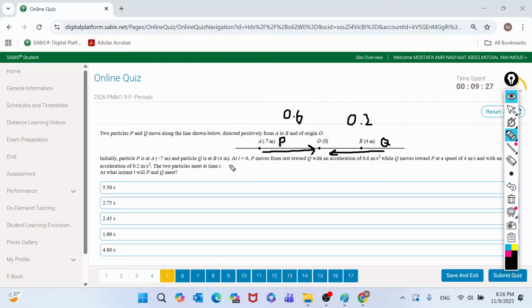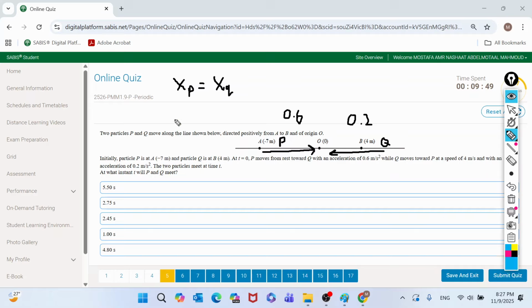So now, how do we find the position where they both meet? It's at xp. The position of P is going to be equal to xq, the position of Q. Now, what is the position of P?